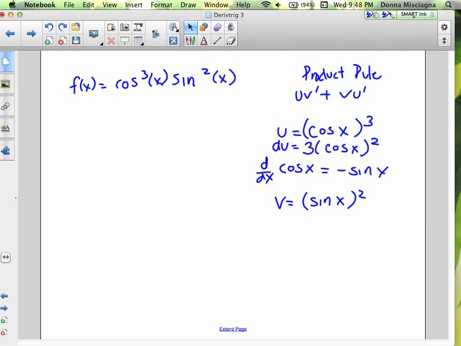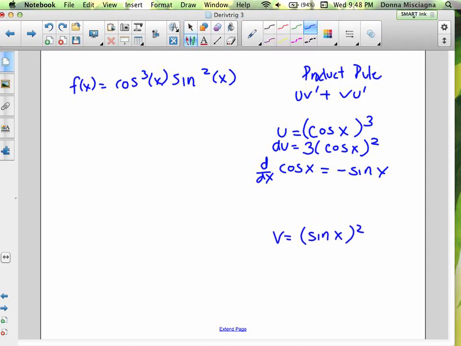So let me move v down a little bit. The final du is going to be, let's move the negative in front. So we have this part and that part. We have negative 3, and it doesn't matter who goes first.